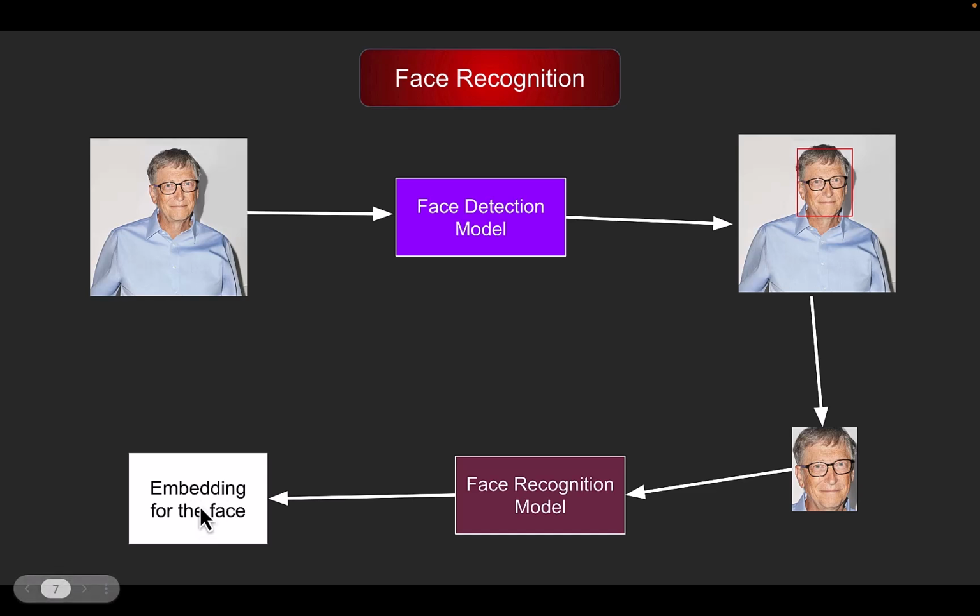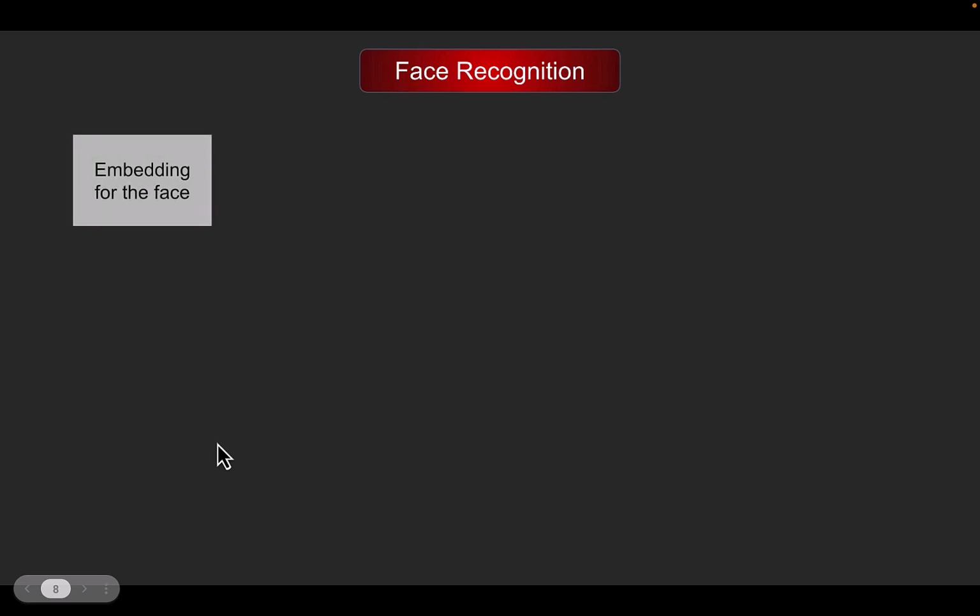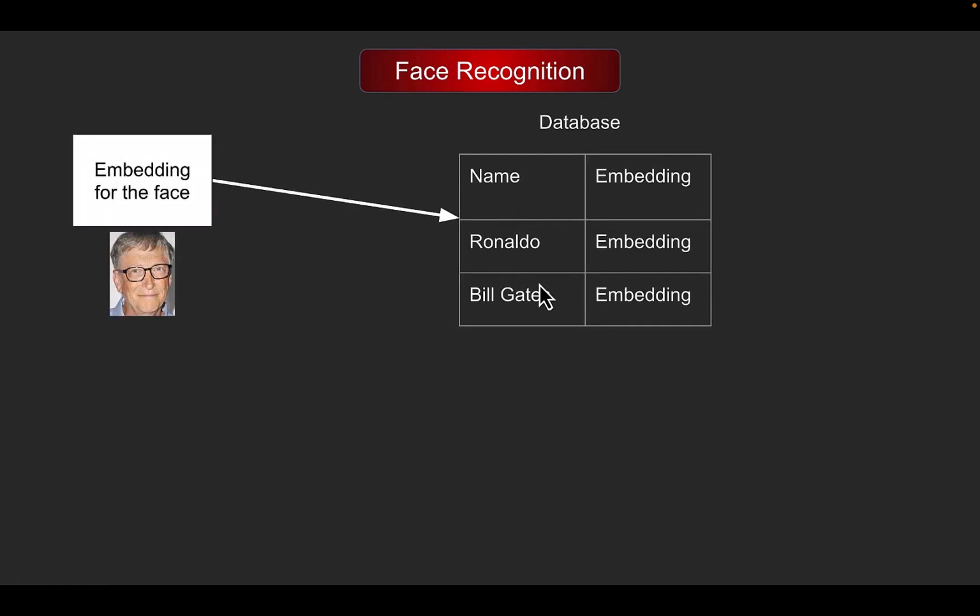But after getting the embedding in face recognition, we are going to compare the embedding of this face with the embeddings of registered faces. Then we are going to calculate the difference or the distance between two embeddings. So let's say the distance between the embedding of this face and the registered face of Ronaldo is 1.56, and the distance between the embedding of this face and the registered face of Bill Gates is 0.36.